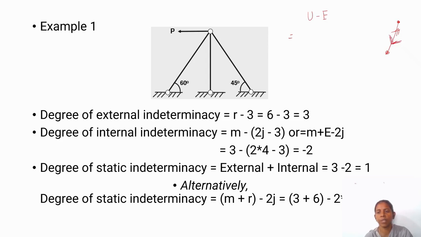So this member is subjected to compression because the force is towards the joint. Some members are subjected to tensile force away from the joint, so that member is called a tension member. The forces are always through the axis of the member. Hence, there is no bending moment in trusses.